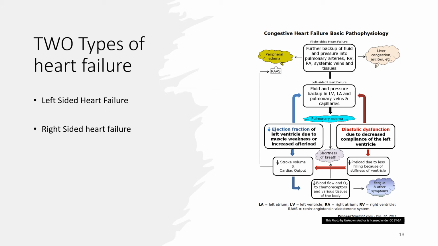And the symptoms of that, because it's backing up, would be jugular vein distension. It backs up and causes peripheral edema, which includes swollen ankles, ascites, swollen liver, swollen legs. Also causes fatigue, enlarged liver or spleen, weight gain, and GI distress.